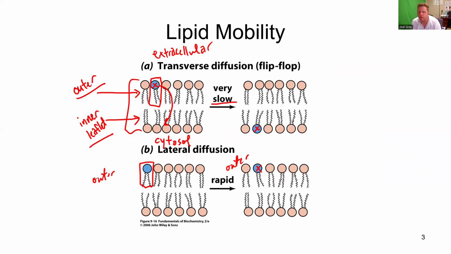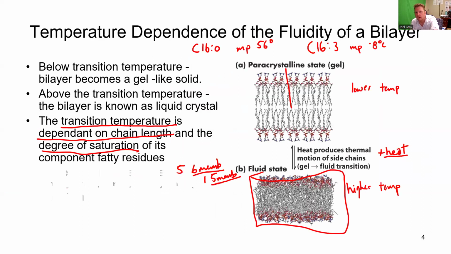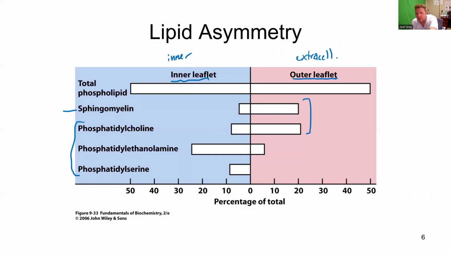If something is found on the outer leaflet, can it be moved to the inner leaflet? Yep. Can something be moved from the inner leaflet to the outer leaflet? Can. So under stress conditions, these numbers might flip-flop. One takeaway, however, that's important is total phospholipids are going to be found on the inner and outer leaflet equally.